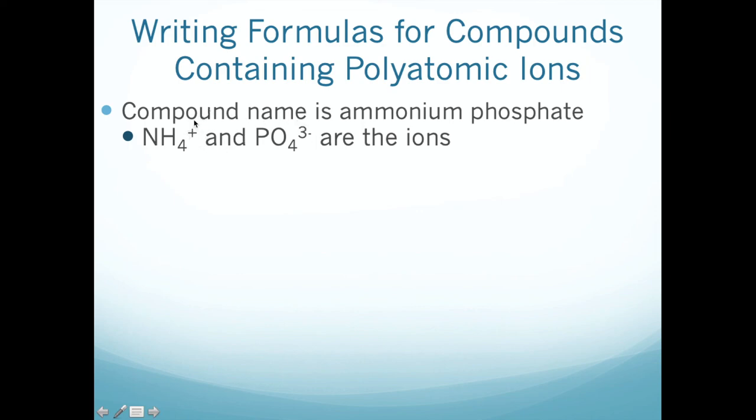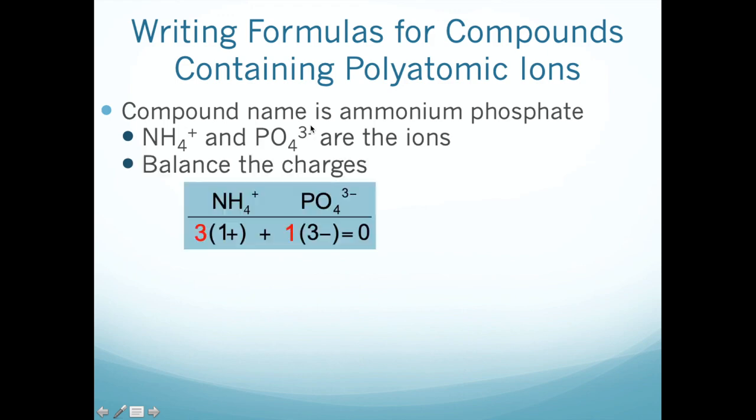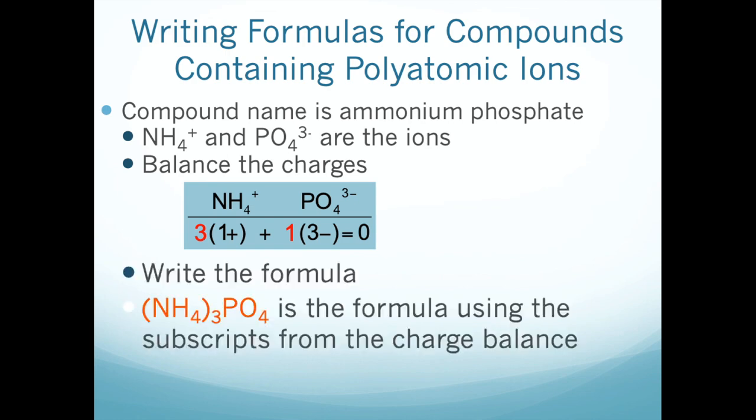So how many positives do we need to balance out these 3 negatives? Well, you probably quickly figured out that we need 3 of those ammonium ions for every 1 phosphate. So let's put those subscripts. Well, if we have to put a subscript of 3 for ammonium, to show that it applies to the whole ammonium ion, we have to put our ammonium ion in parentheses before we put the 3 there.